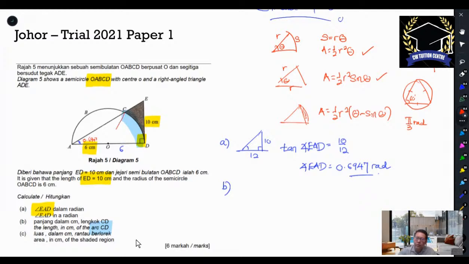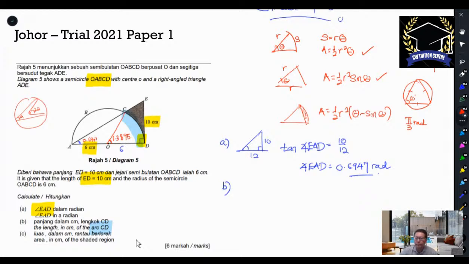Let's draw another line over here, and the angle will be double angle. How to calculate the double? Come back to Form 3 mathematics: when here is A, here is 2A. So 0.6947, let's times 2. It will be 1.3895, to be accurate.